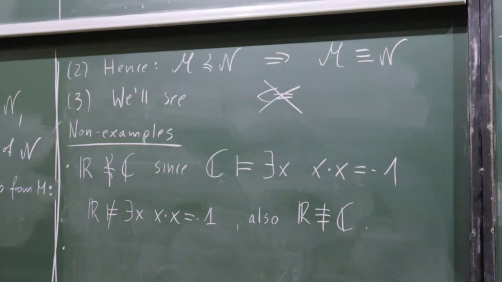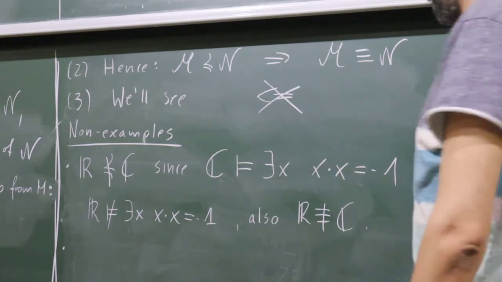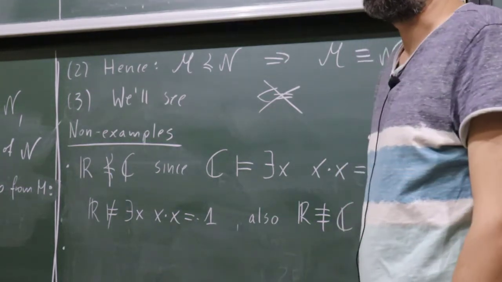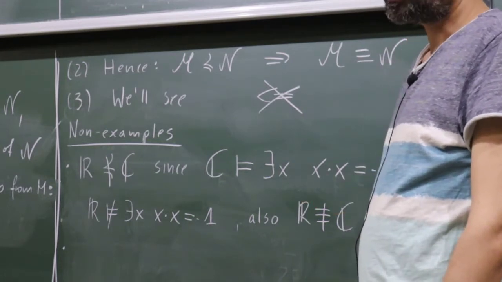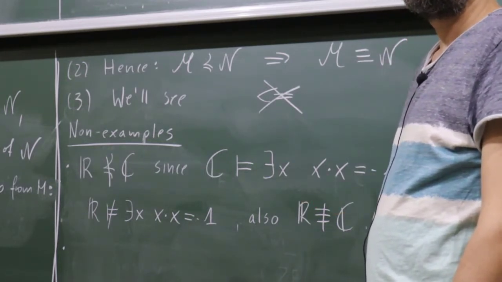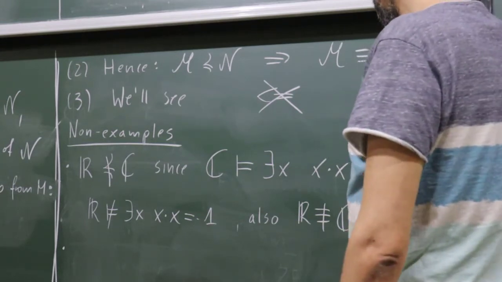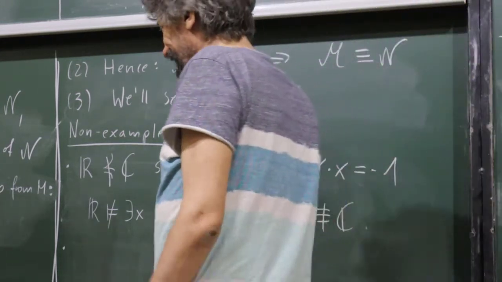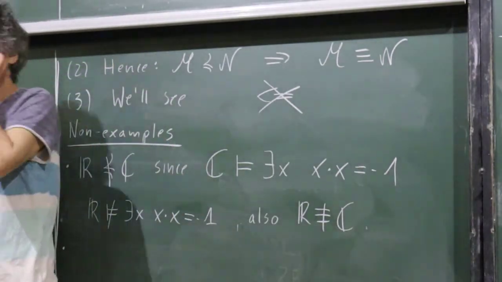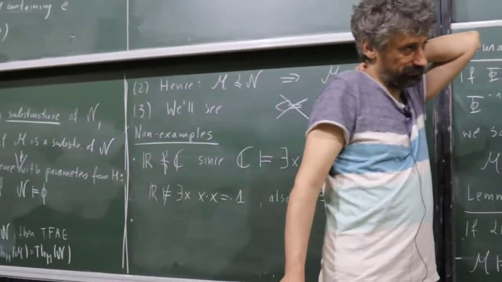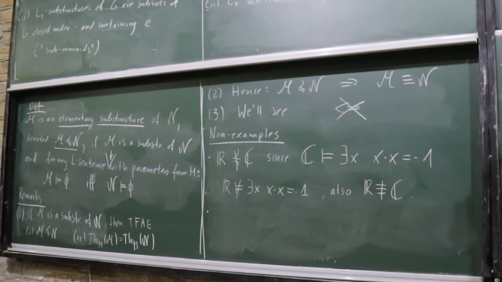It doesn't use parameters from C? No, it doesn't use parameters from anywhere here. -1 is not a parameter. What if you write -2? It is still not, okay, it is both. -1 plus -1 is -2.